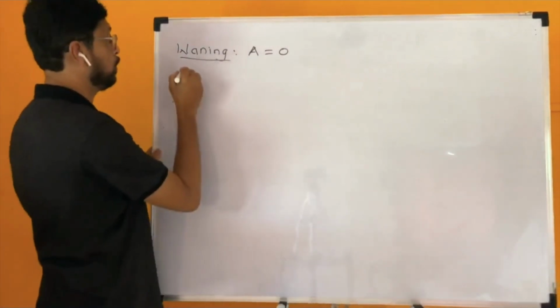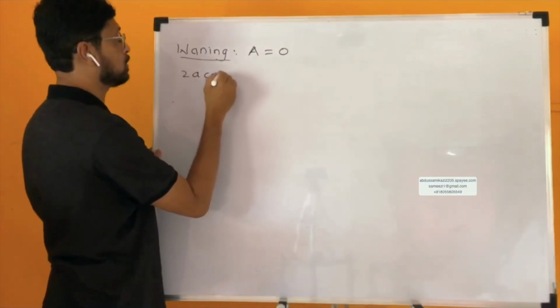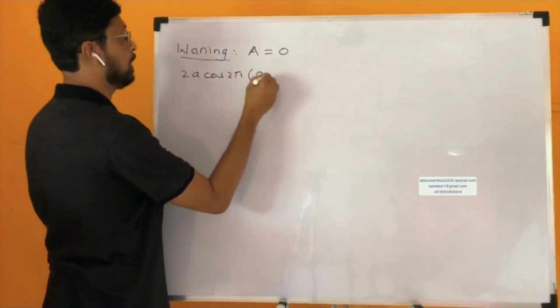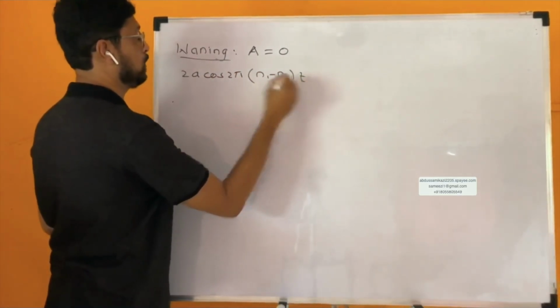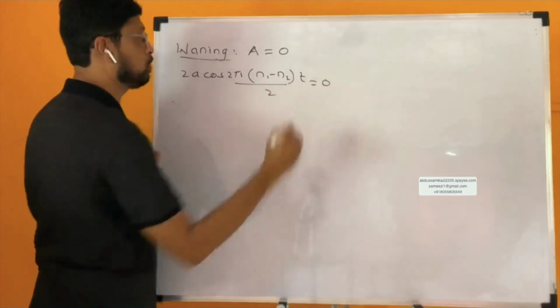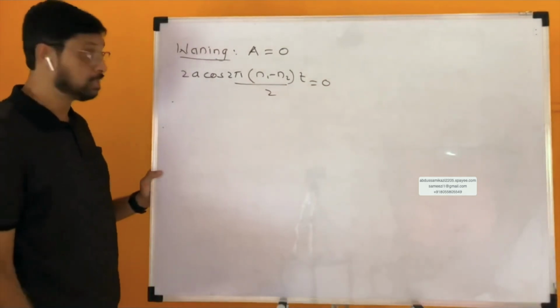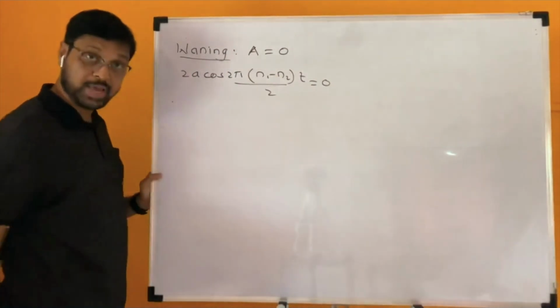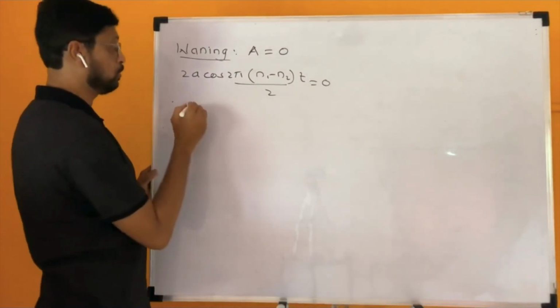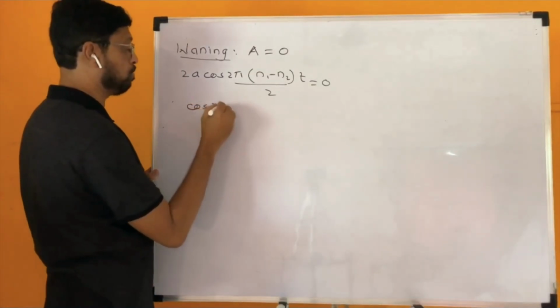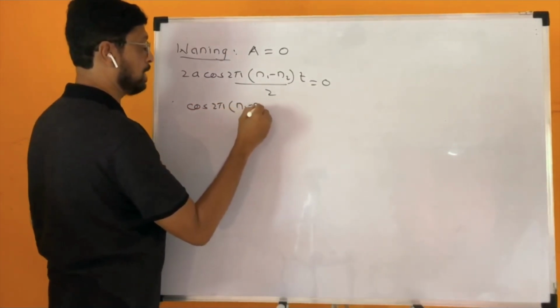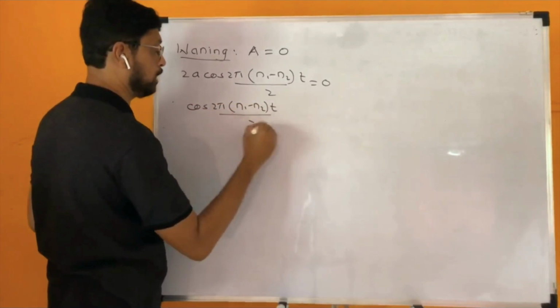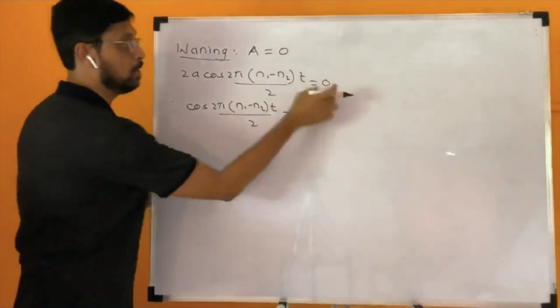Means 2A cos(2π(n1 - n2)t/2) is equal to 0. Right? 2A goes to that side, so 0/2A will become 0. So cos(2π(n1 - n2)t/2) is equal to 0.